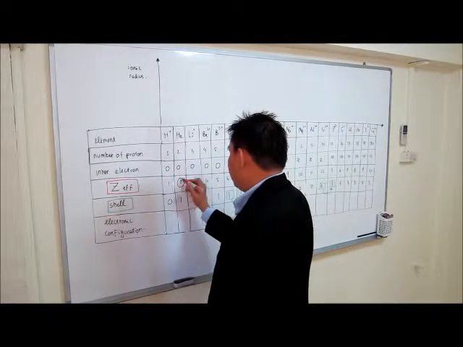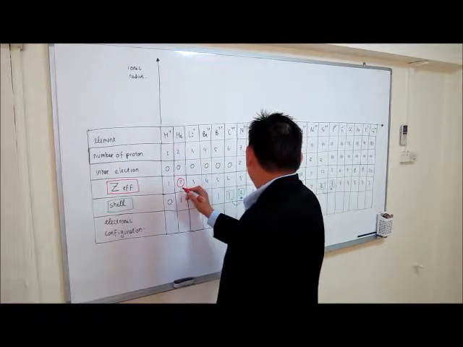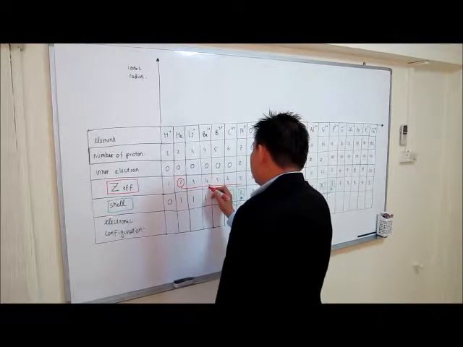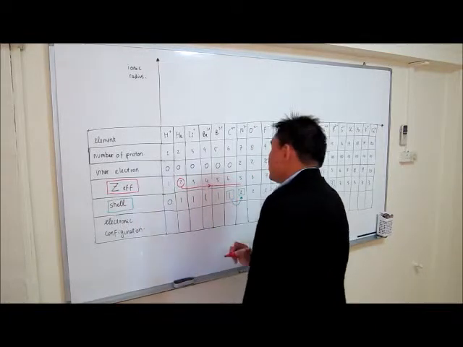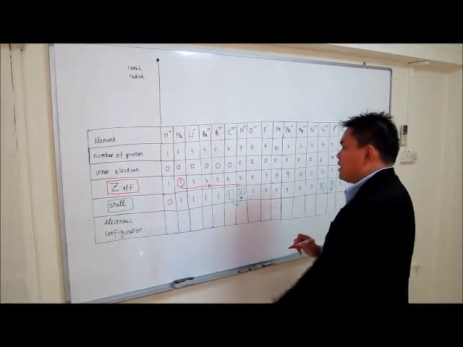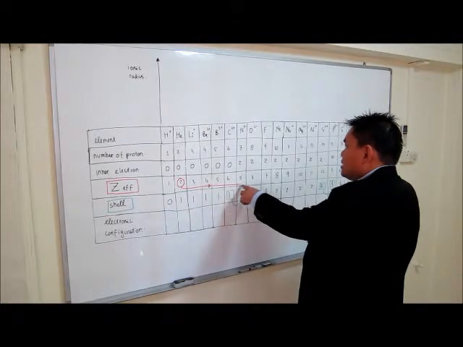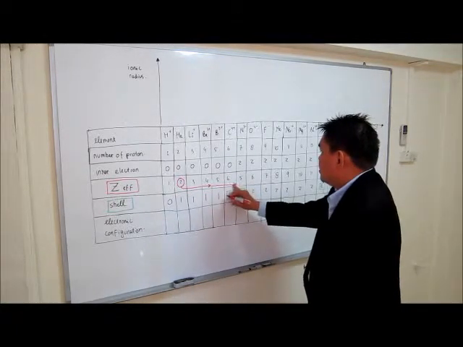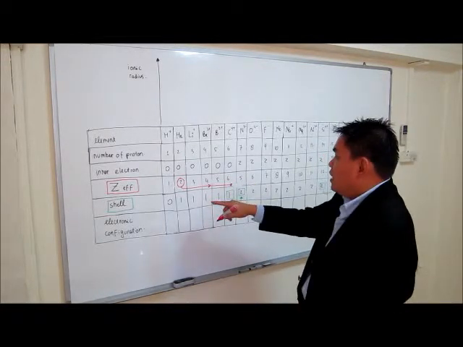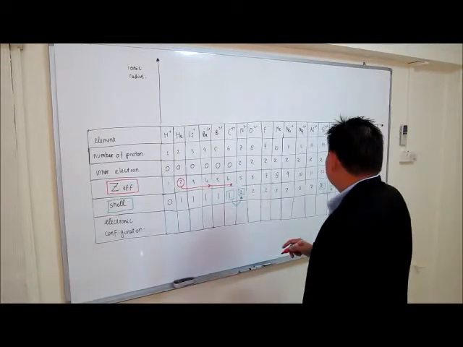From helium all the way to carbon 4 plus, there will be a gradual decrease of ionic radius.